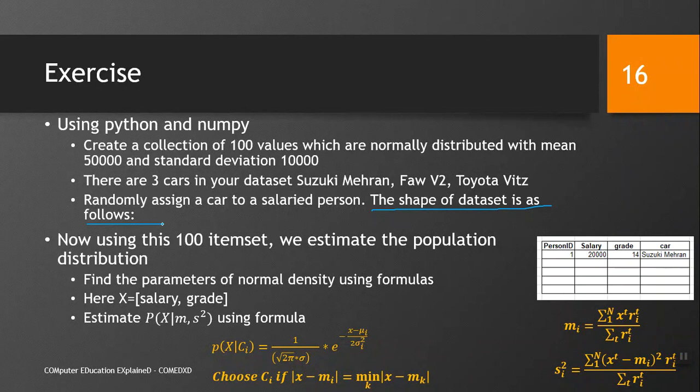There would be the same number of people buying Mehran, V2, and Toyota Vitz. You can increase the set from 100 to 150, with 50 examples of each car, right.